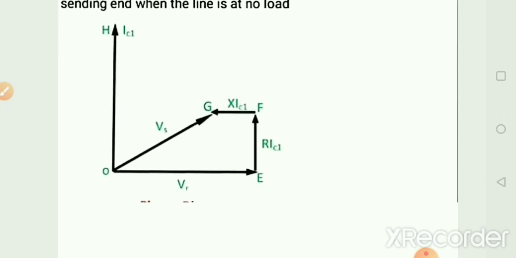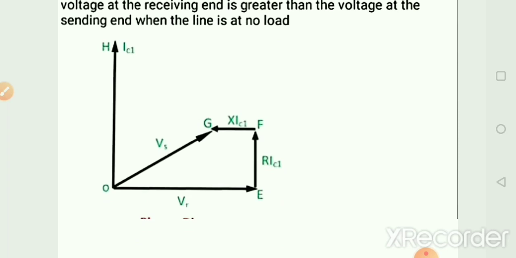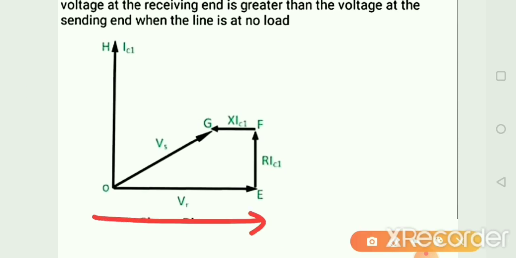Here, if we take the receiving end voltage as the reference, we know that in the capacitor case the current is leading. So here the current is leading, IC1, and we have two parameters, resistance R and inductance.